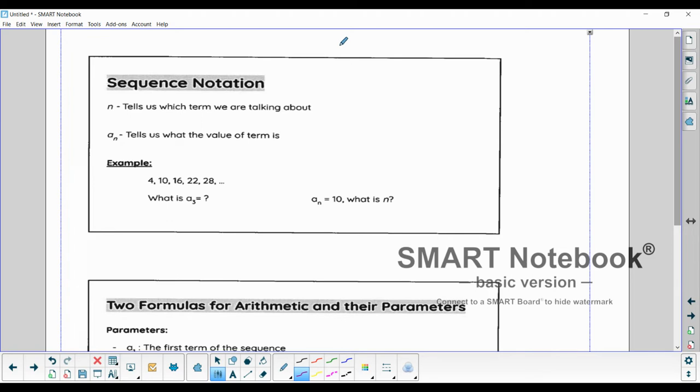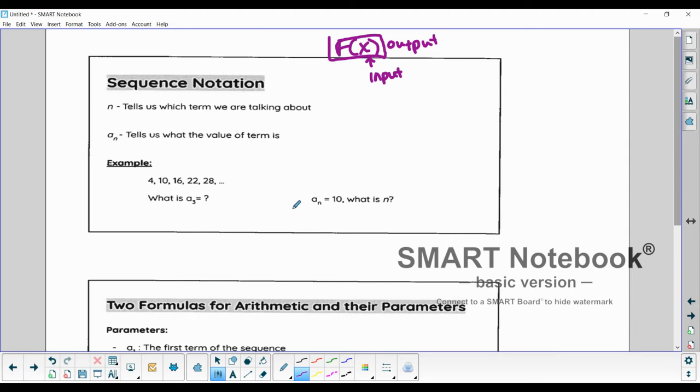And just like we had function notation, like f of x, where x was the input and f of x was the output, we have function notation here, or sequence notation. N tells us which term we're talking about. This is the input. This is where in the list you are. A sub n is the actual value of the term.